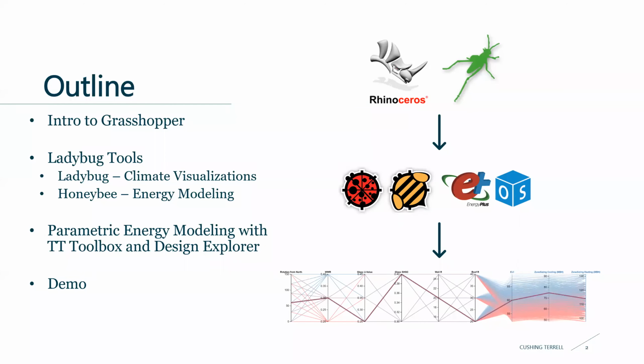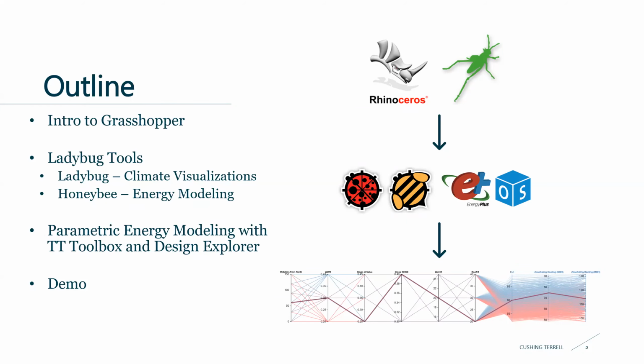Today we're going to start off with a brief introduction of what exactly Grasshopper is, and then move into Ladybug tools and specifically Ladybug, go over some climate visualizations, and then Honeybee for energy modeling.